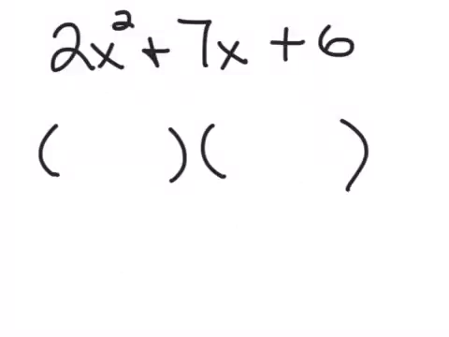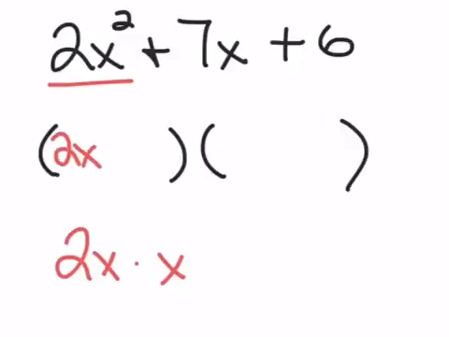Alright, so I have two sets of parentheses down, and there's an easy way to look at the first term. So let's look at the 2x squared. What are the factors of 2x squared? They are 2x and x. That's how we get 2x squared. So that's what's going to go in the parentheses in the front.